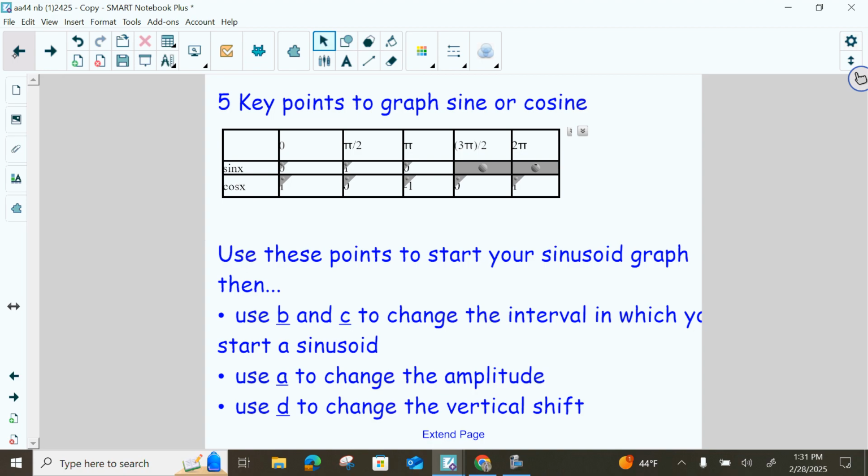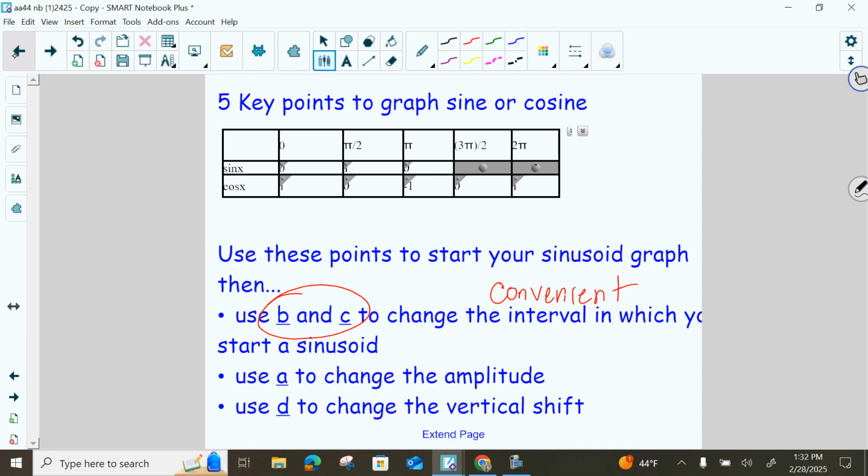So we're going to have these 3 steps. We're going to do B and C first. What B and C are going to give us is a convenient place to graph, a convenient place to get 0, 1, 0, -1, 0, right?